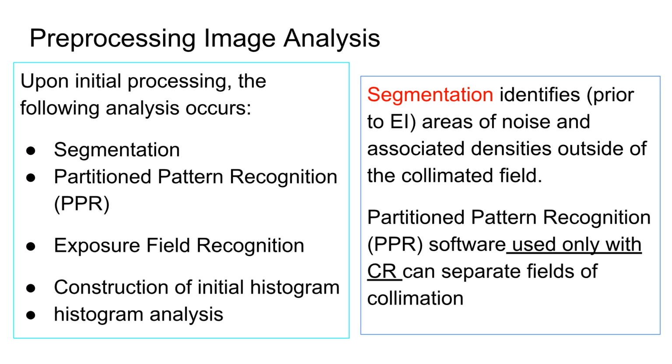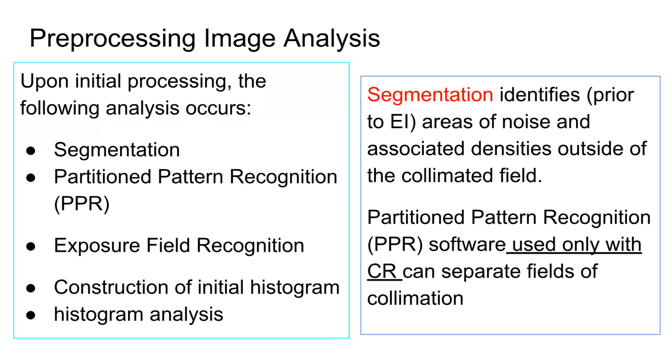And here are a bunch of other ones. So you have segmentation. That's the first one we'll talk about. And the second one we'll talk about is partitioned pattern recognition, or PPR. And you can see PPR is used only specifically in CR. Yes, it's a world of acronyms.